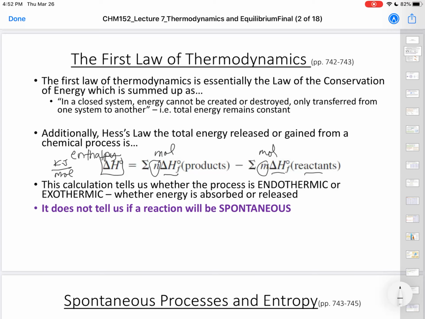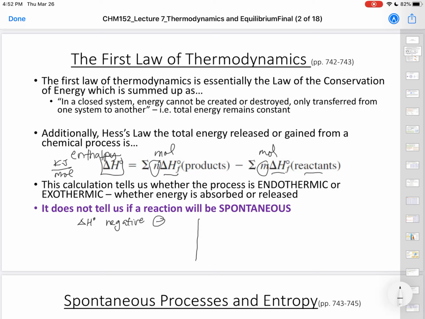And we did this in 151, where we found the delta H for various chemical reactions by taking the sum of the heats of formation of the products, subtracting the sum of the heats of formation of the reactants. The calculation will tell you whether the process you're looking at is endothermic or exothermic, and you can divide it into two categories.